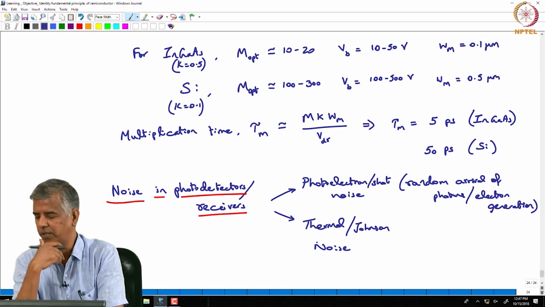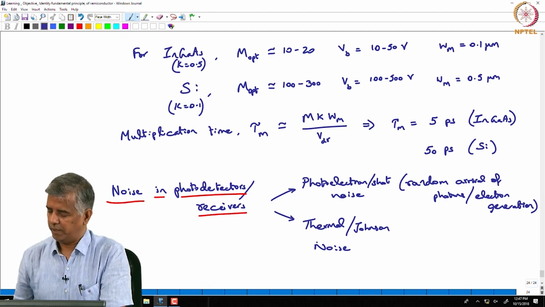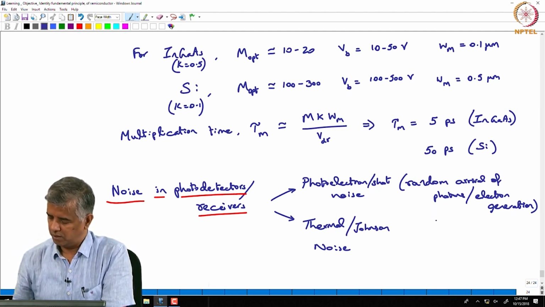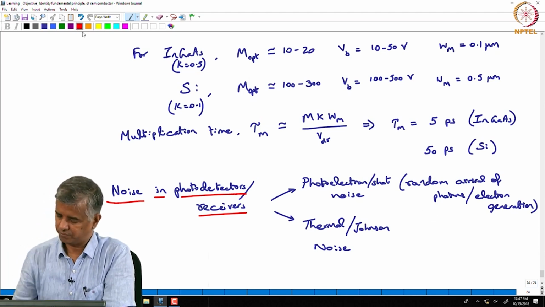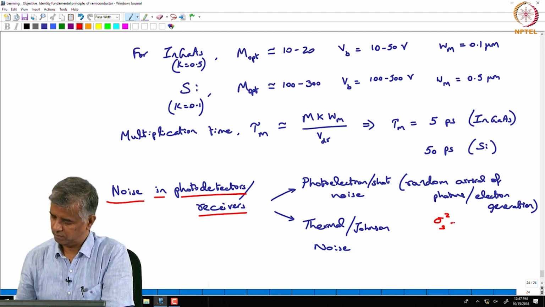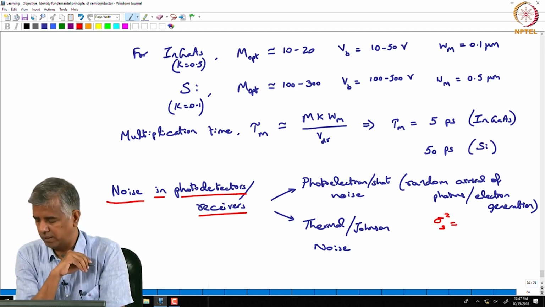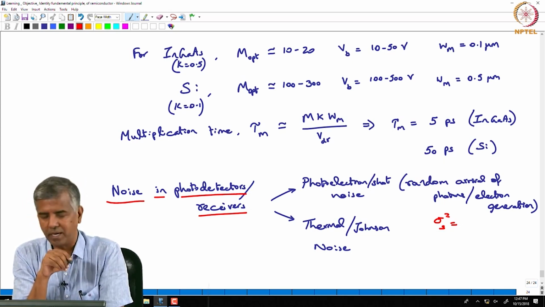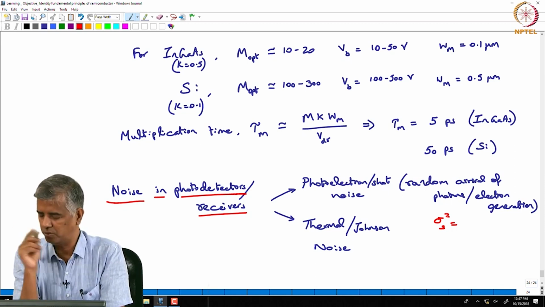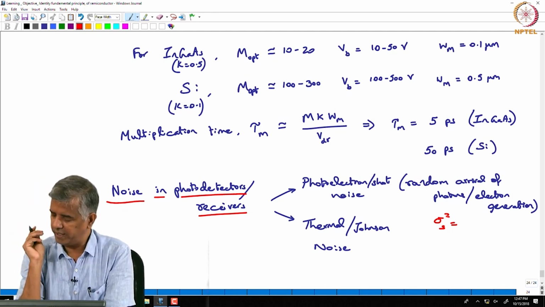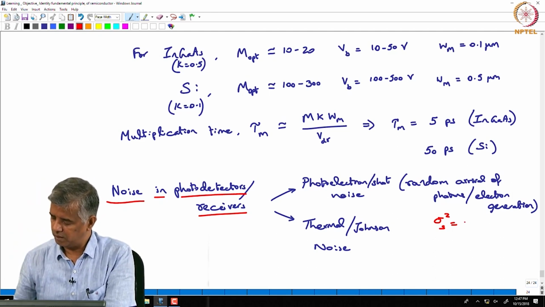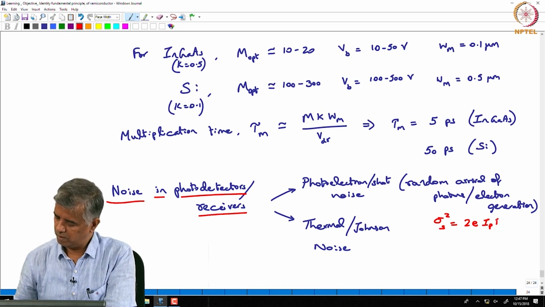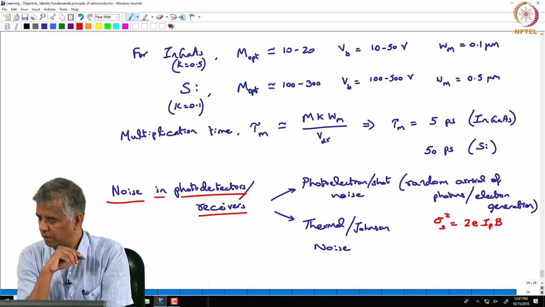So, there are two different noise sources, and if we quantify the shot noise, the noise variance, which you can say corresponds to sigma s square, is going to be given by 2 times E times I p multiplied by B. Sigma s corresponds to the RMS noise, and sigma s square corresponds to the noise variance.